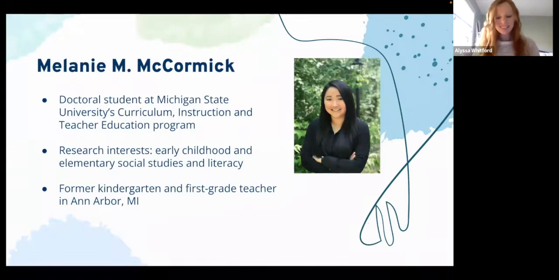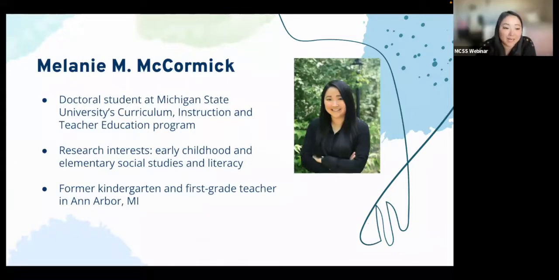So a little bit about myself first. I am a doctoral student at Michigan State University. I'm in the curriculum instruction and teacher education program there. My research interests include early childhood and elementary social studies and literacy. Currently, most all of my research focuses on how we teach the family unit in elementary social studies.